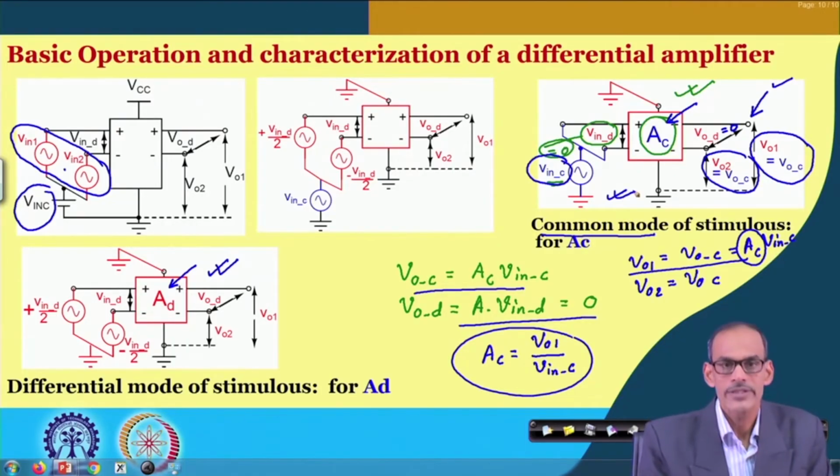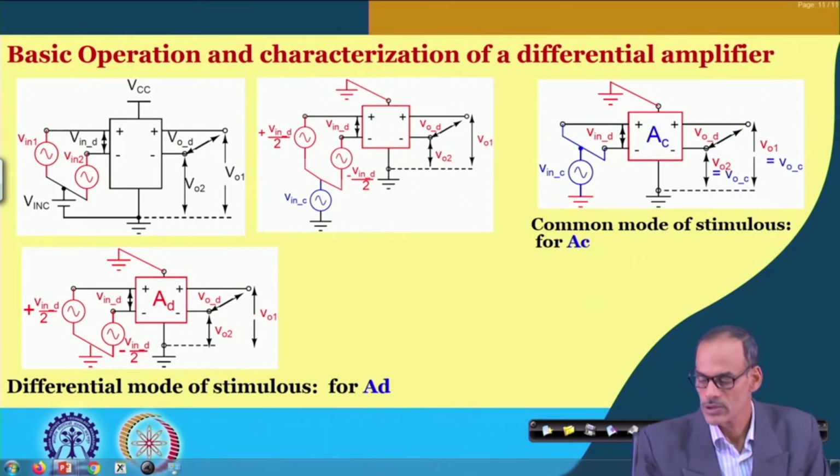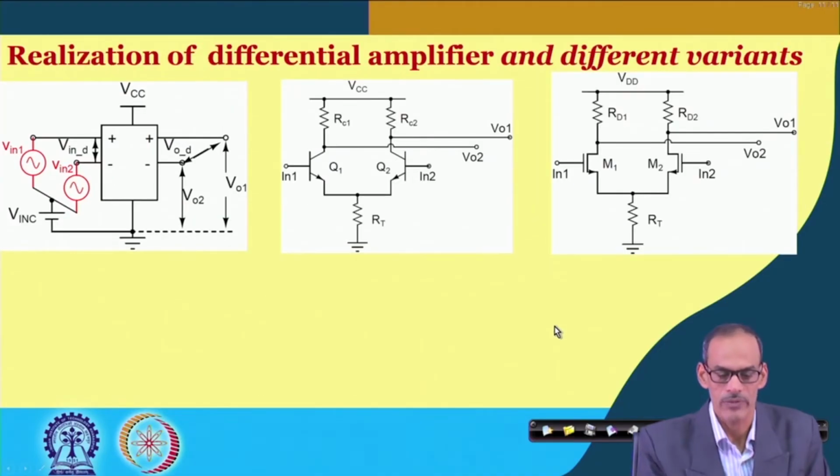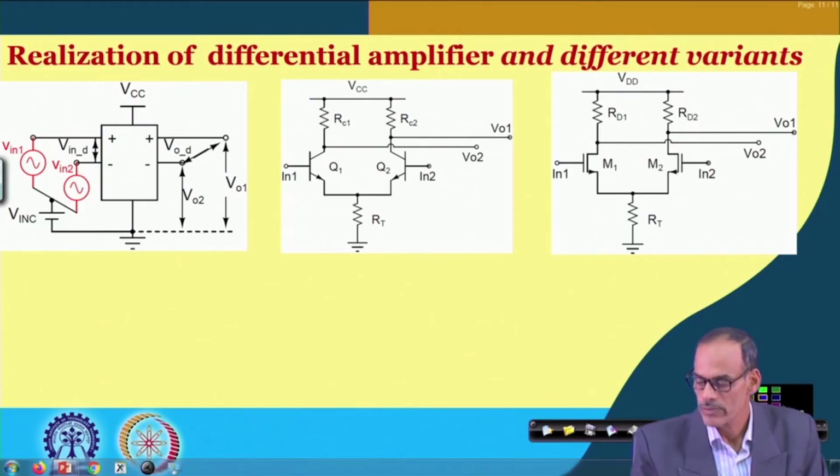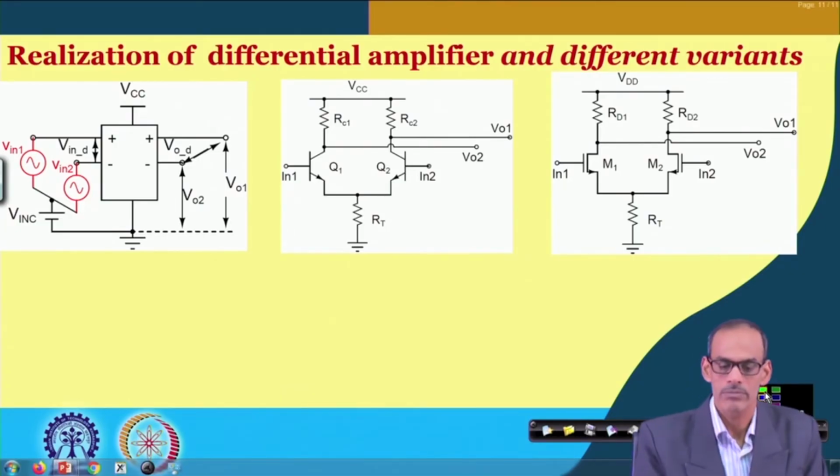So now let us see the realization of this circuit. How do we realize this differential amplifier? There may be different possible realizations of a differential amplifier, but here we have a very basic realization.